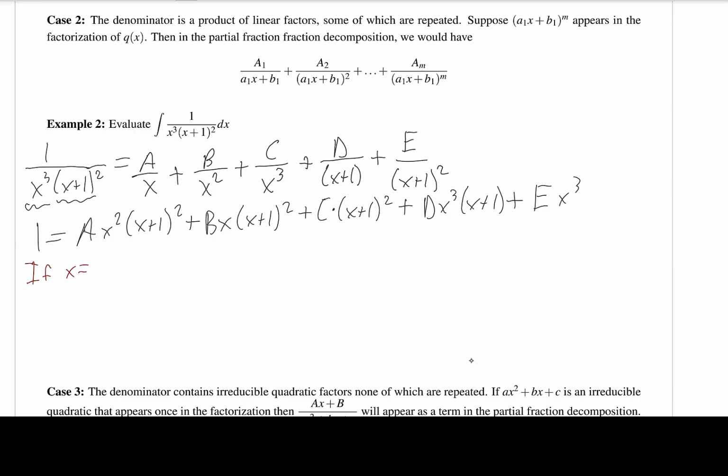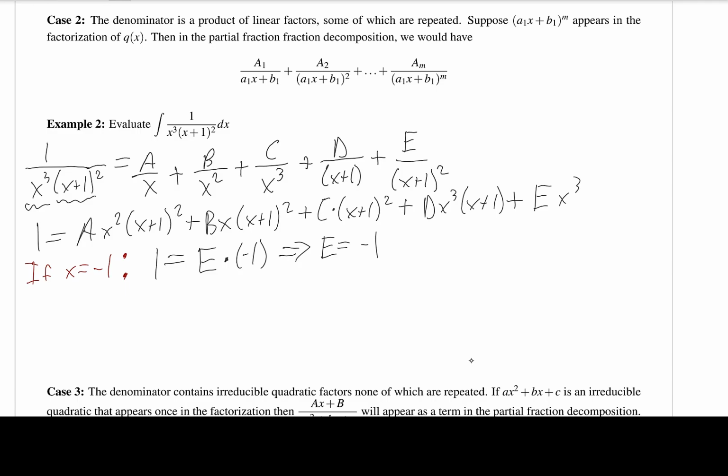If x equals negative 1, well, there's no x on the left-hand side, so that just stays as 1. And then we'd have e times x cubed, so that's negative 1 cubed, which would just be negative 1. And so this tells me that e is equal to negative 1.